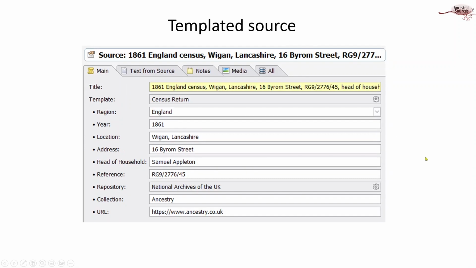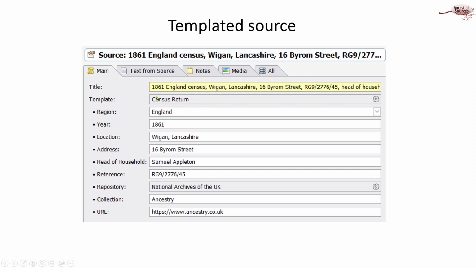If we look at the templated source, so templated sources were introduced in Family Historian 7, and they allow us to have a number of different fields, a number of different text boxes for different types of source record. So in this case, the template we've used here, you can see it says the template is the census return.